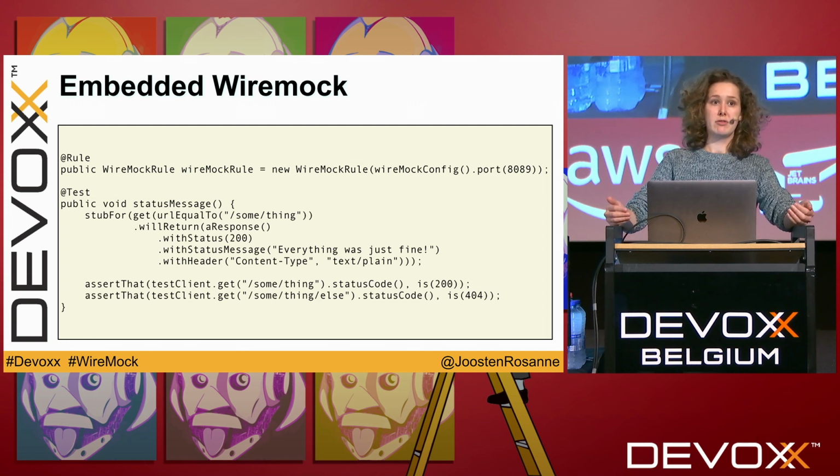This can be powerful too, but there are, I think, a lot of good frameworks out there that can help you with this. So this is just to show you that this is possible with WireMock too, but this is not the part that I like best. This is all you're going to see about using WireMock as an embedded library.